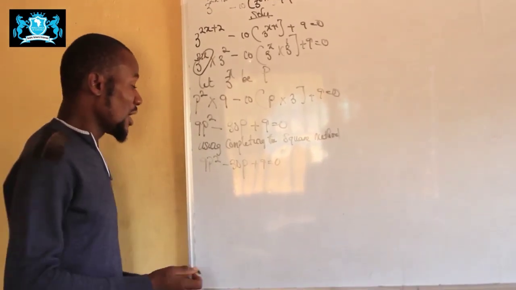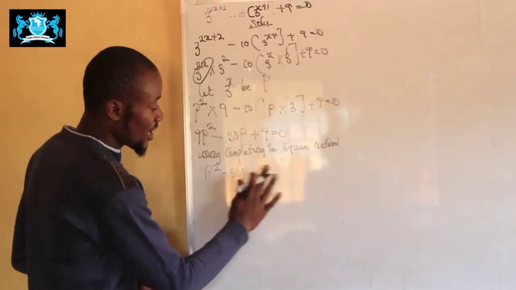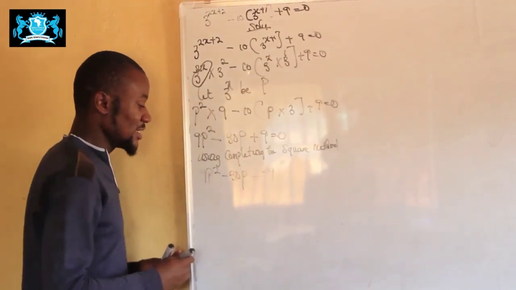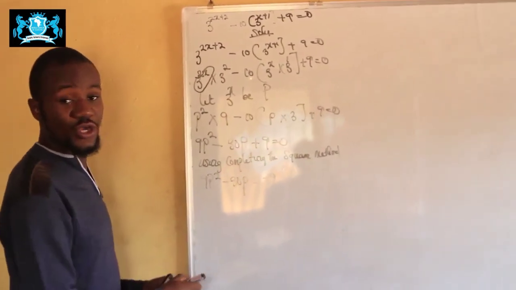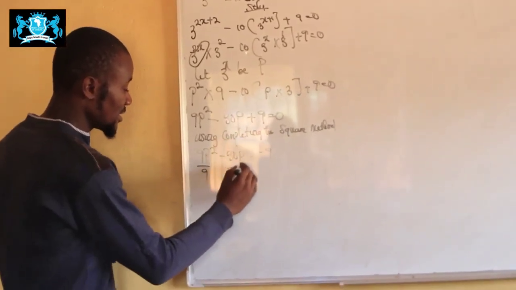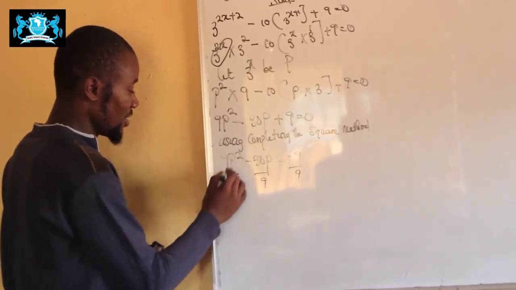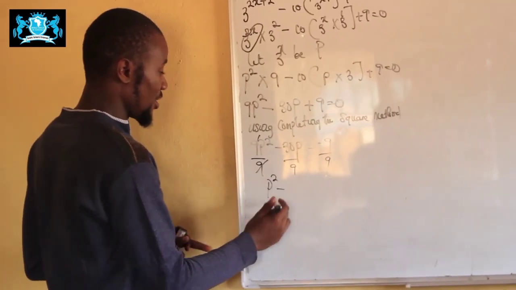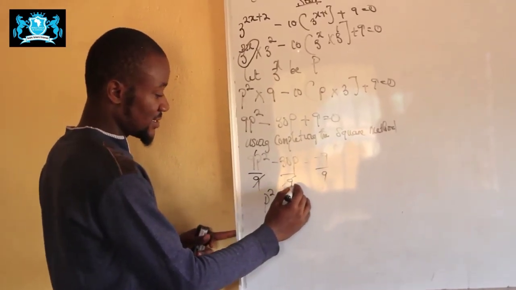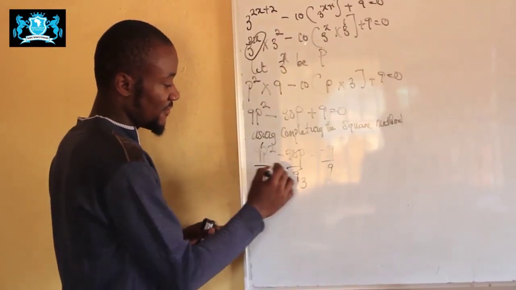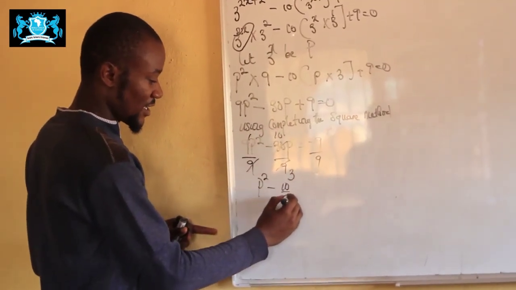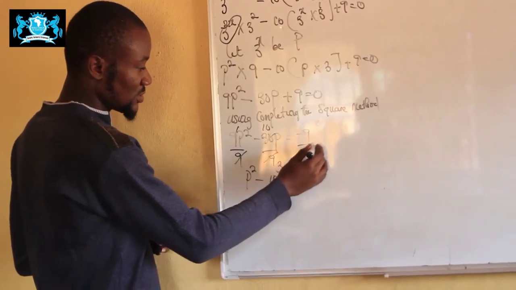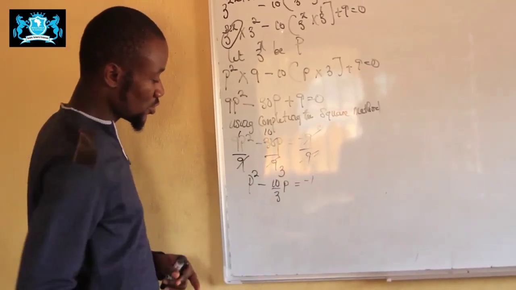You now move this 9 over, so you'll have minus 9. You make p squared a unity by dividing both sides by 9. So when you divide, you have p squared minus 30 divided by 9, which is 10 over 3, so this is minus 10 over 3 p is equal to minus 9 over 9, which is minus 1.